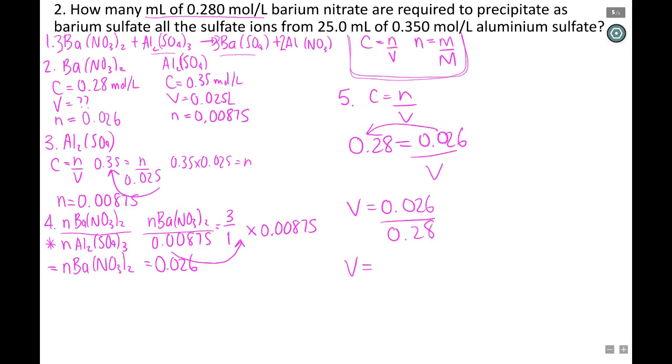So v equals 0.0929 litres or 92.9 millilitres. And that's how we work out how many millilitres of our barium nitrate of a concentration of 0.28 moles per litre is required to precipitate our products.